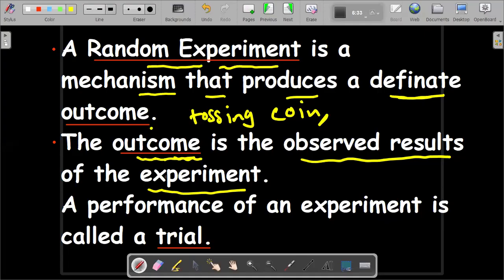And the performance of such an experiment is what we call a trial. Any questions so far on those few definitions that I've given? Any clarity that you may need?